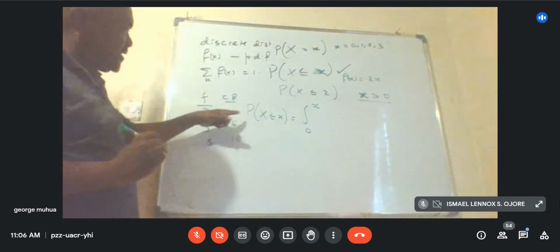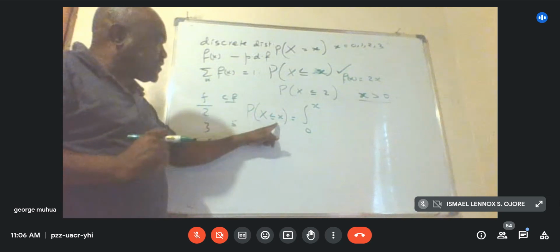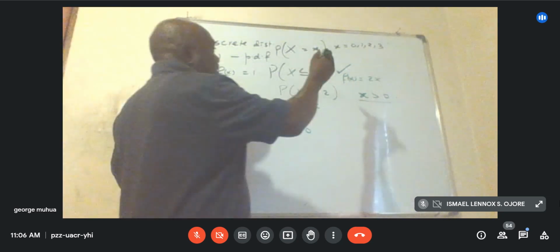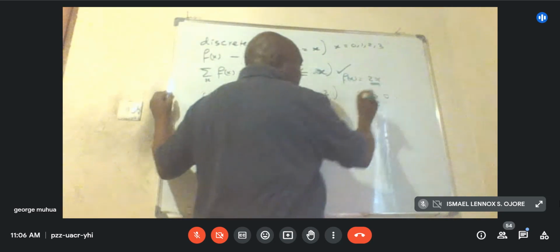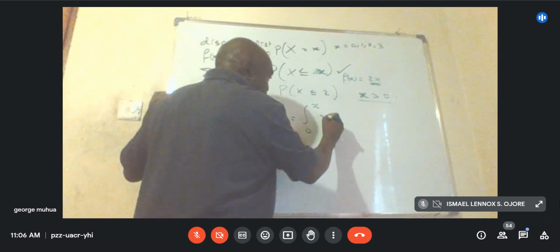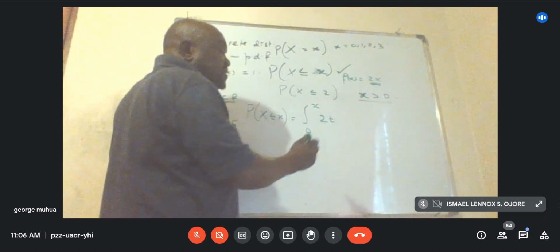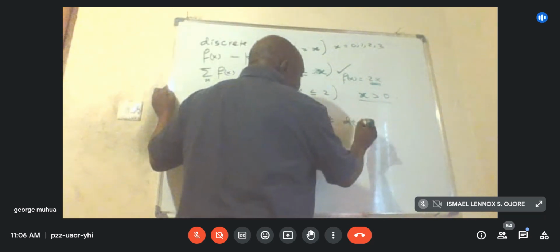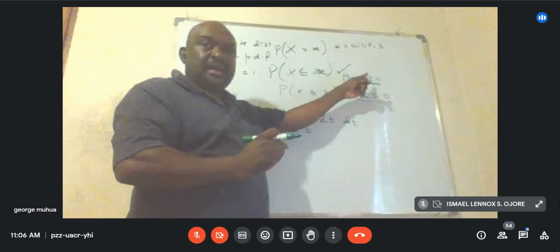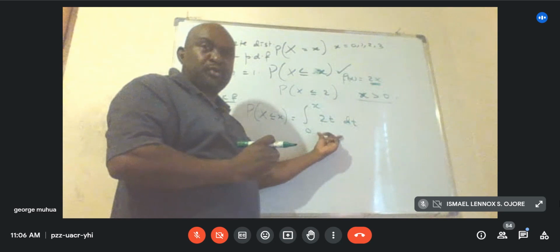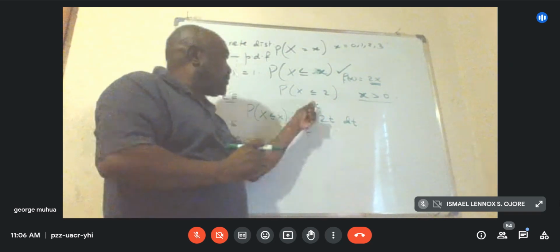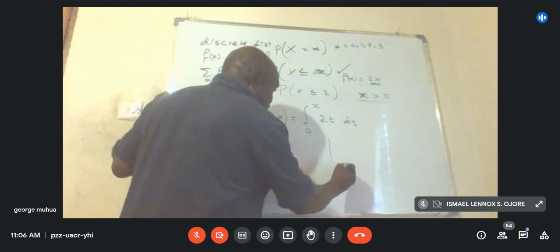And because this expression is supposed to be in terms of x, we introduce a different variable. For example, if I had, say, 2x as my PDF and it's continuous, I would now use a different variable just to facilitate the integration. So I'll integrate what I had as my PDF, 2x, now I'll call it 2t dt. So that when I now integrate this, I will substitute from 0 to x.